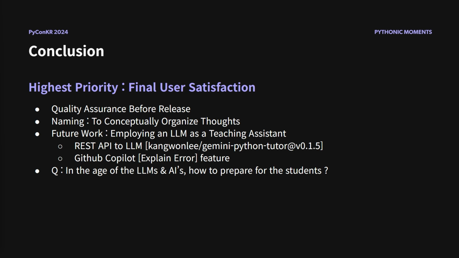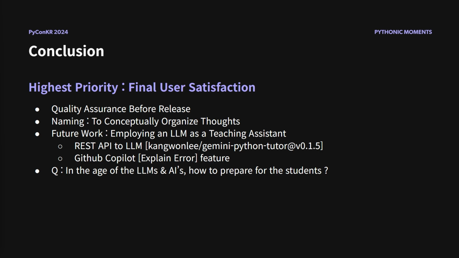So, the conclusion of my talk is like this. For me, the highest priority was the final user satisfaction, and in my case, that was the level of satisfaction for my students. And thankfully, pytest and Python and GitHub, I think those were quite helpful. And then I wanted to make sure that the quality of the code was assured before being released.